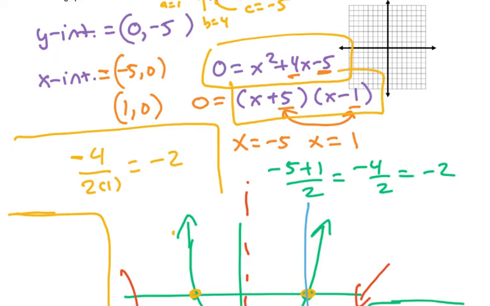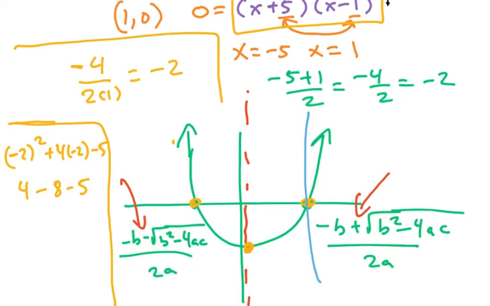So this is going to be (-2) squared plus 4 times -2 minus 5. So this is 4 minus 8 minus 5, which is -4 minus 5, which is -9. So now I know the y value is -9.